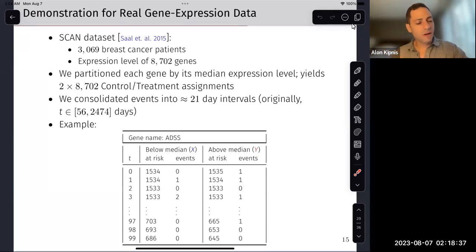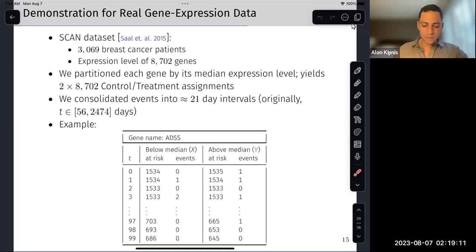We take the median value of the expression of this gene, and patients whose value is higher than the median comprise group Y, and those that are lower will comprise group X. Another thing that we did is we consolidated the events into 21-day intervals, instead of individual days. There are some reasons why we do it, and we discussed that in the paper.